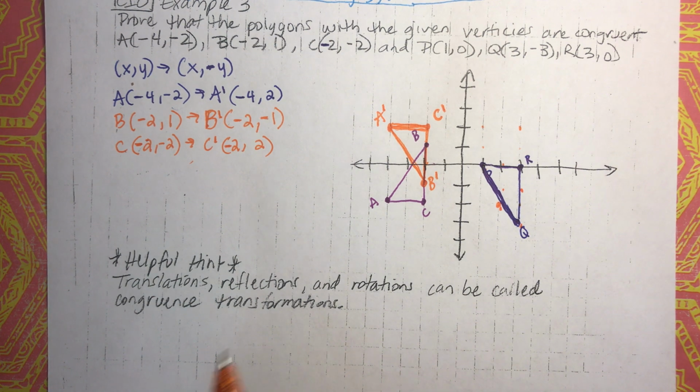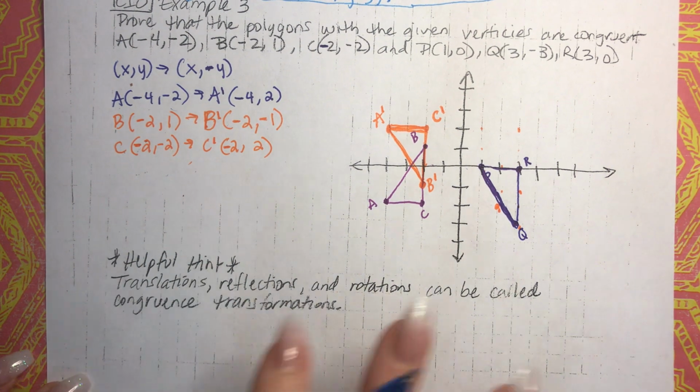So we know, therefore, these triangles are congruent. So now we just need to go ahead and write it all out.